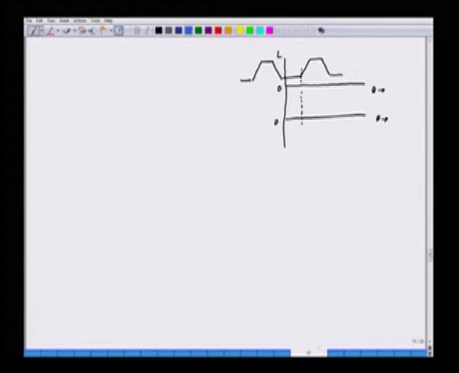Now this will be clear if we see this inductance variation with theta. This is the variation of inductance with theta. The inductance rises in this case from L minimum to L maximum, then from L maximum to again L minimum, and again it remains at L minimum, and this continues.